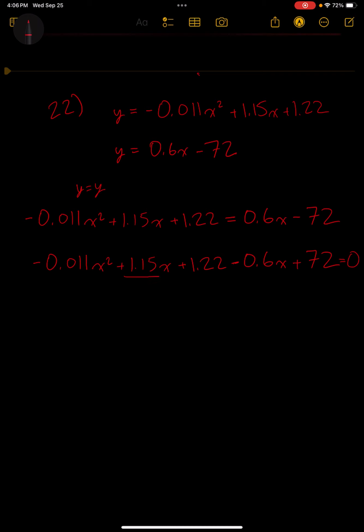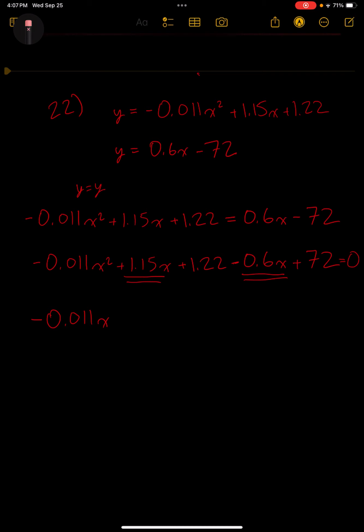Then we collect like terms. That's the first like term, and there's nothing similar to it. As you do these questions, you'll notice we never have a match for this because the line doesn't have an x squared.